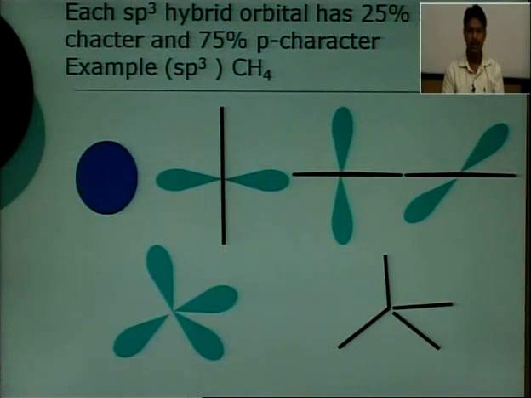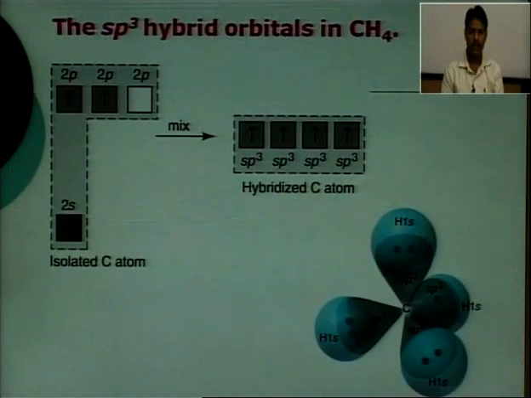Each sp3 hybrid orbital has 25% s character, that is 1/4 is s character, as there are four orbitals, one s and three p. So each of the four orbitals has 25% s character and 75% p character, and the shape is tetrahedral and the angle is 109.28.